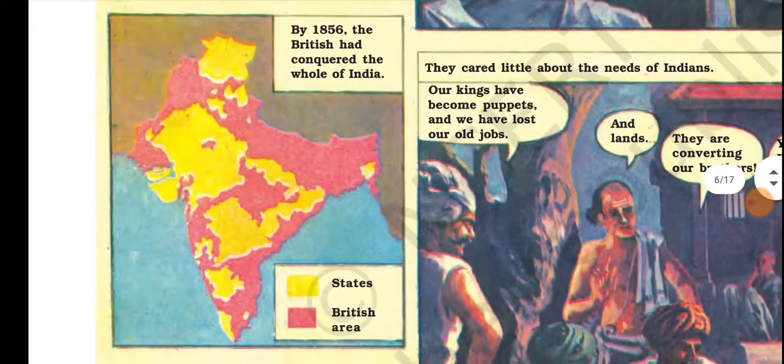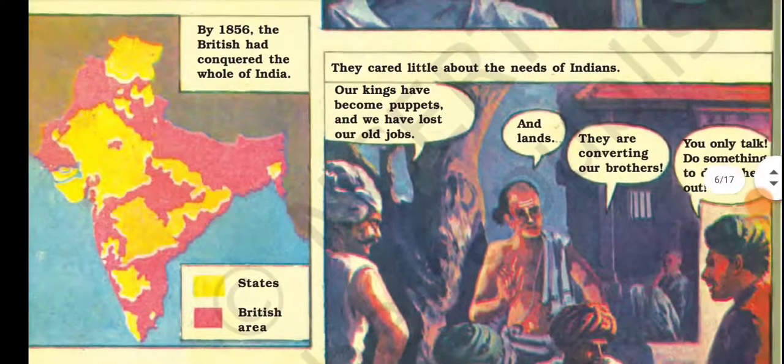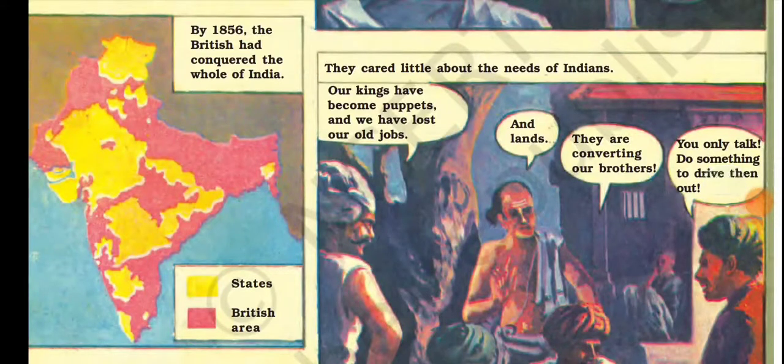By 1856, the British had conquered the whole of India. They cared little about the needs of Indians. "Our kings have become puppets, and we have lost our jobs and lands, and they are converting our brothers. You only talk, do something to drive them out." So by 1856, the British had conquered almost the whole of India.